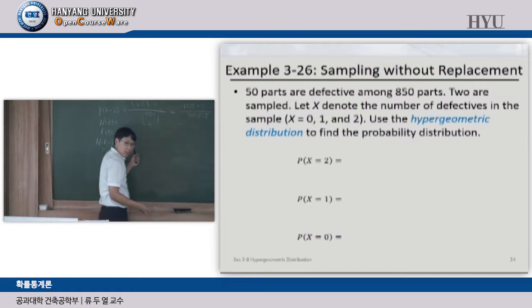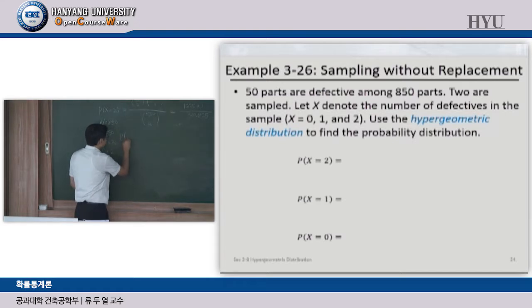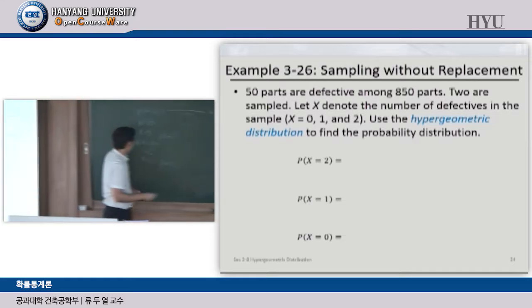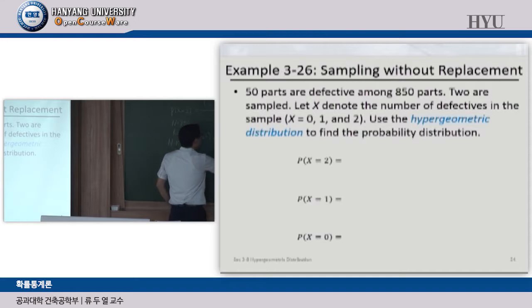And we can use the same procedure. We can also calculate these two cases: 50 choose 1 and 800 choose 1 over 850 choose 2, and 50 choose 0 and 800 choose 2 over 850 choose 2.